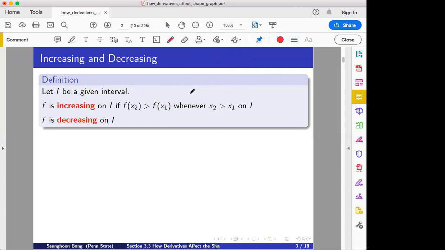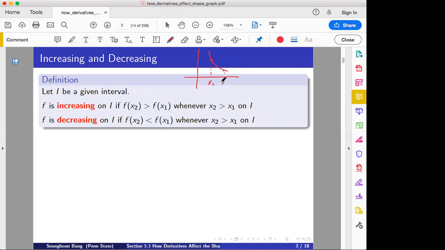Function f is decreasing on interval I if f of x2 is less than f of x1 whenever x2 is greater than x1 on interval I. So what does it mean? Here, the graph is like this. You can choose 2 points. This is x1.